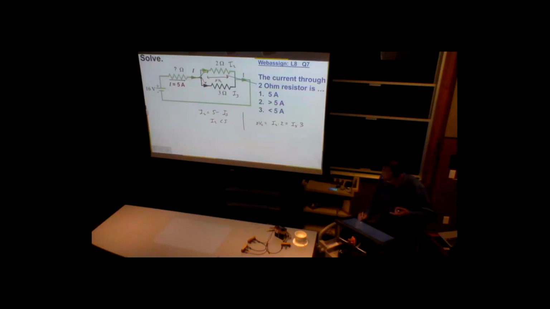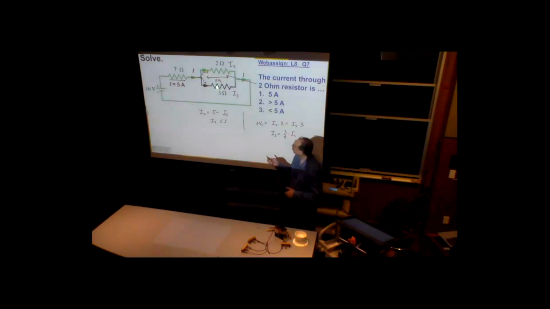So I3 should be equal to 2/3 of I2, which is natural because if electrons need to make a choice, of course, more electrons travel through the path which has less resistance. They're smart. They're not stupid.